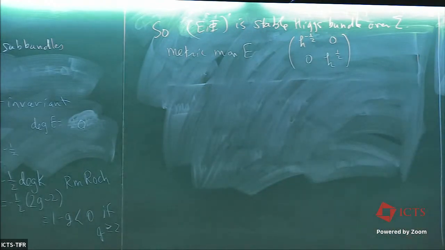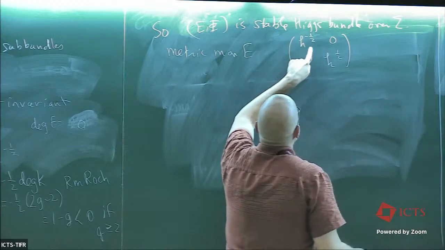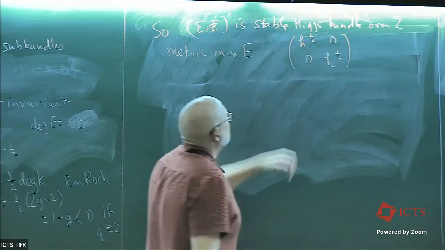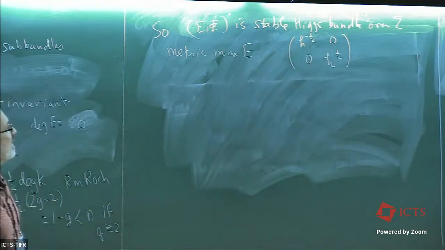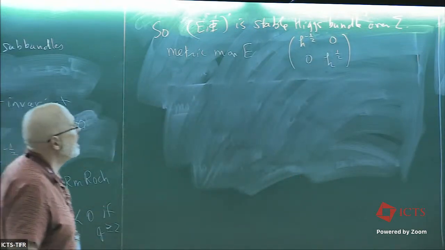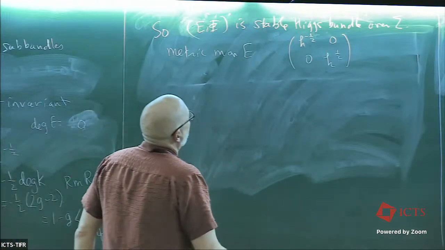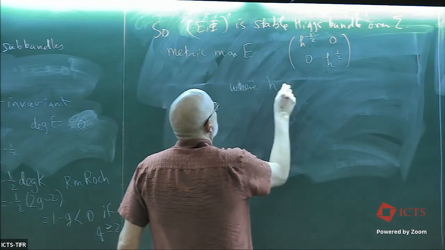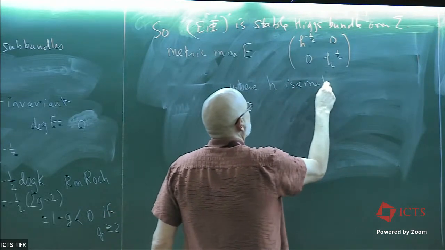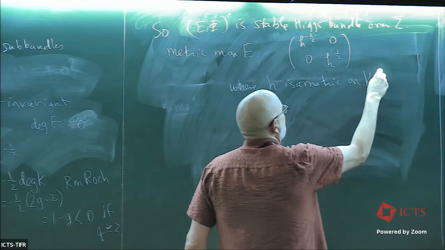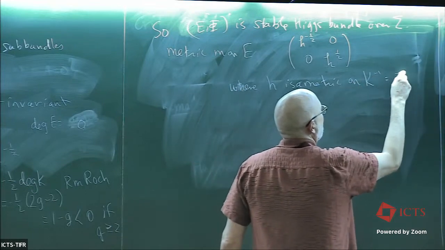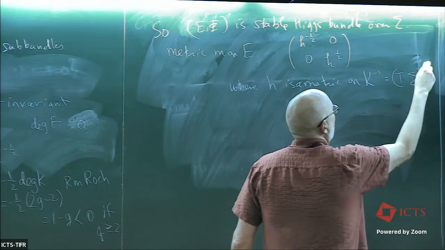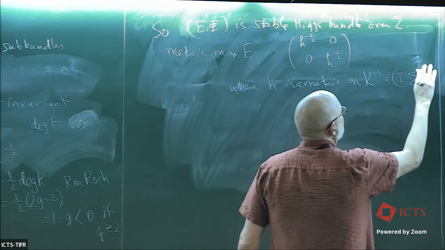You can use the symmetry of the Higgs field, and also the uniqueness, to show that it has this sort of form, where H is a metric on, say, K inverse, which is just the holomorphic tangent space, right?